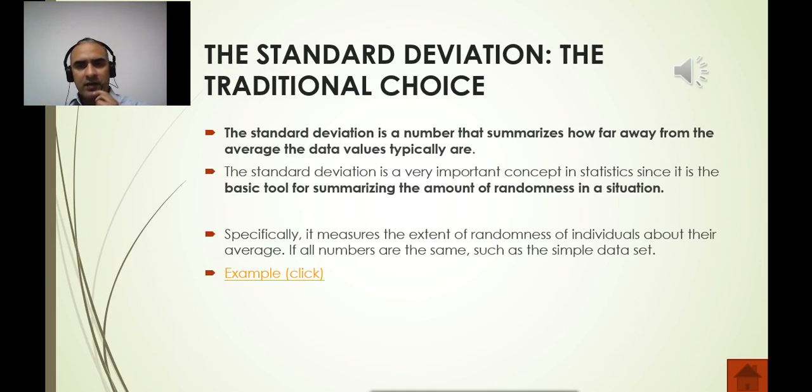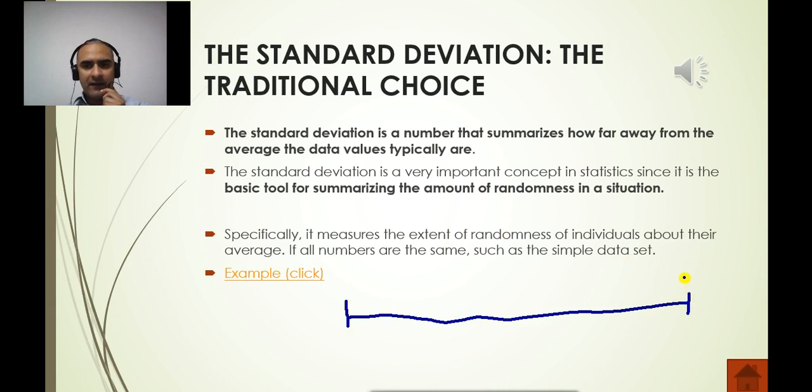The standard deviation is a number that summarizes how far away from the average the data values typically are. Let's say we have a line, and on that line the biggest value is 10, the lowest value is 0, and the average is 5. So how far are the numbers going to be from that?